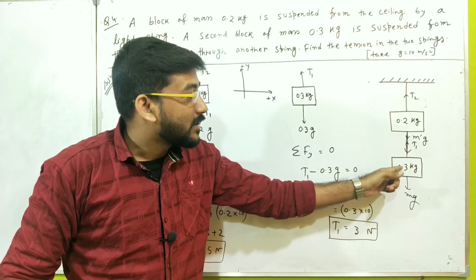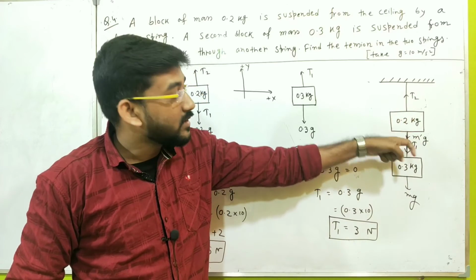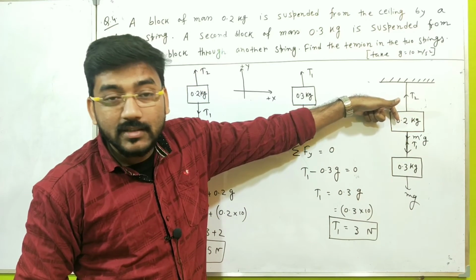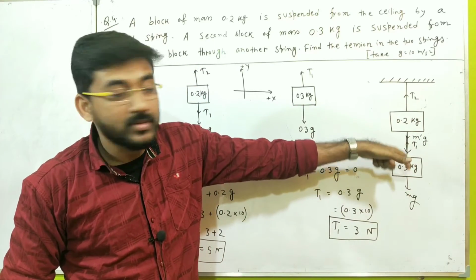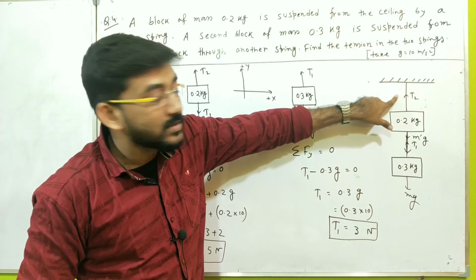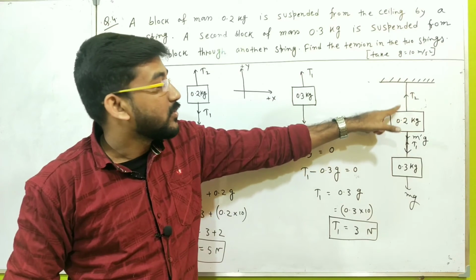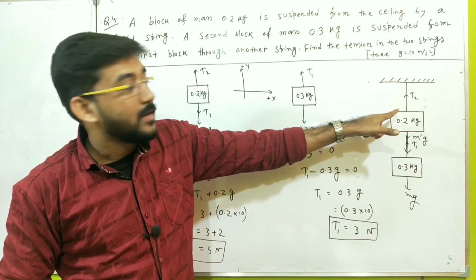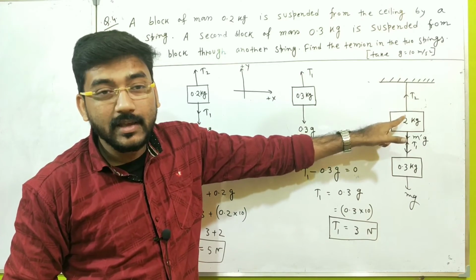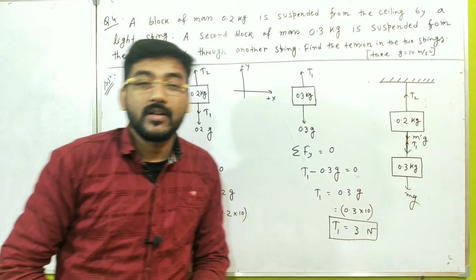Away from the object is downward direction here. But for this string, the tensional force will be in upward direction, because for this string, the away from the object direction is upward direction.